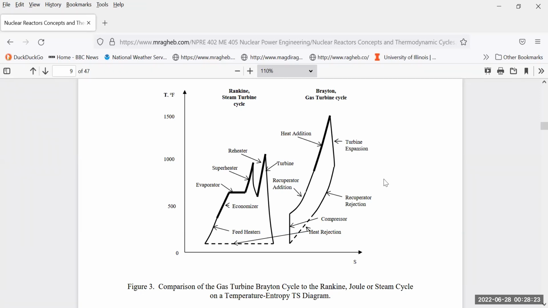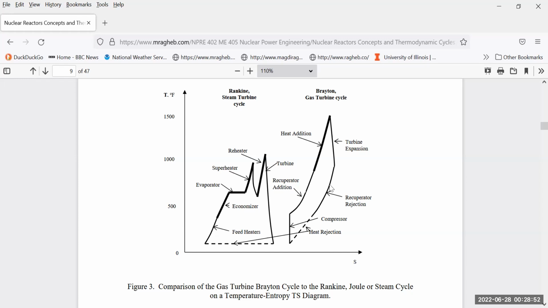As you'll see, you'll have now your turbine along the same shaft as the electrical generator, and you can reach much higher temperature, as you can see here, 1500 degrees Fahrenheit. So you add the heat to the working fluid, the gas in that case, since it's a gas turbine, either CO2 or helium, and then expand it in a turbine.